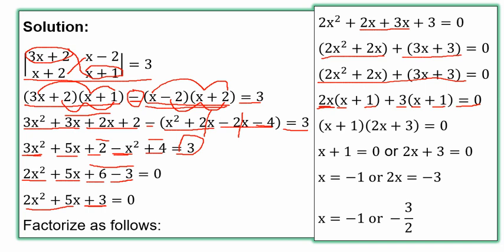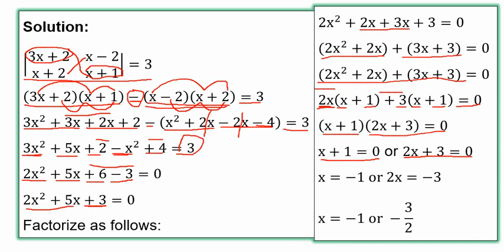From this stage now, you can see that s plus 1 is common. If you factor out s plus 1, you are left with 2s plus 3, which forms the second bracket, equal to 0. At this point, you equate each term to 0. That is s plus 1 equal to 0, or 2s plus 3 equal to 0.